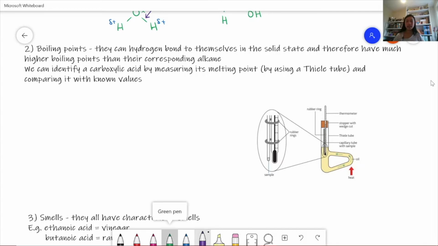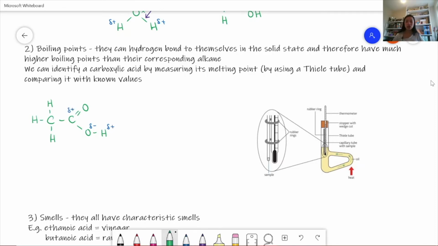And how it does this is, so looking at ethanoic acid again, we have CH3, C, and then double bond O, and then we have the OH. And again, we put in the partial charges, so we've got a partial negative here, and a partially positive, and a partially positive.